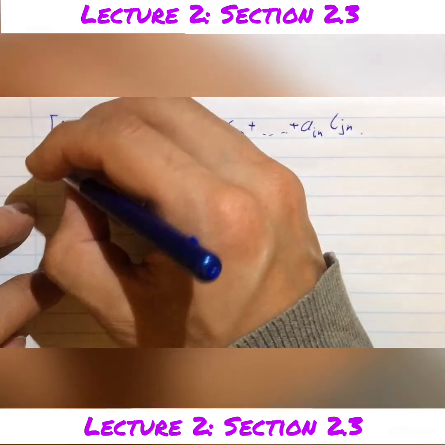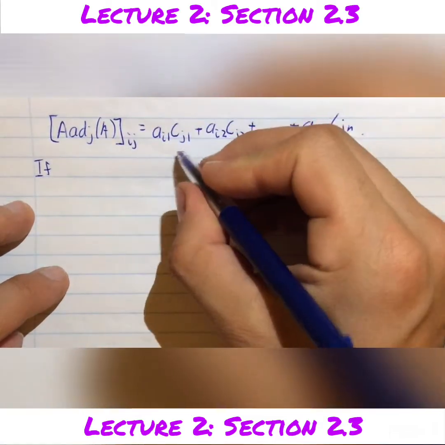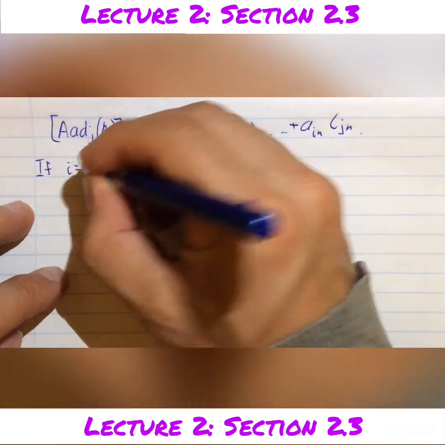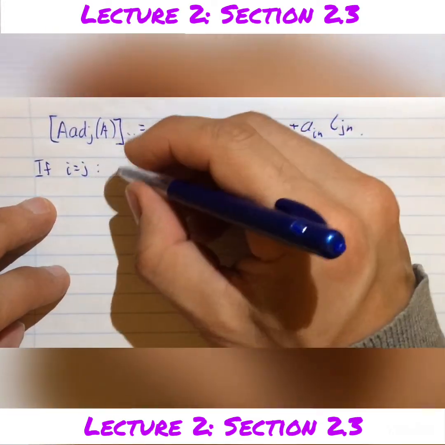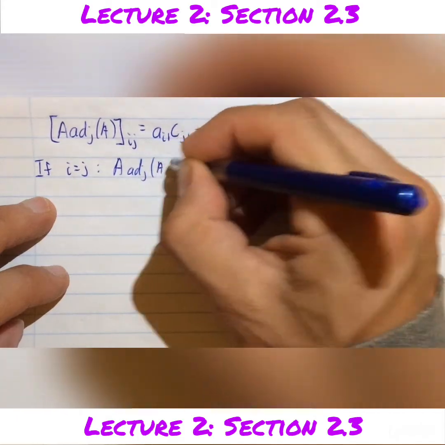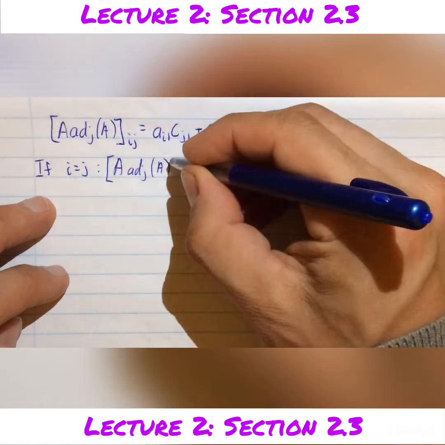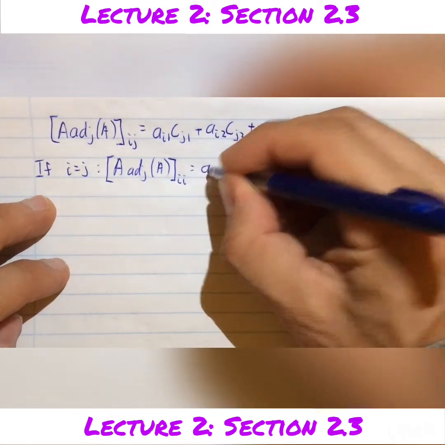So what happens if the index i is equal to j? In other words, we're looking at entries on the diagonal. If i is equal to j, then this entry in the ith row and the ith column is going to be this entry here.